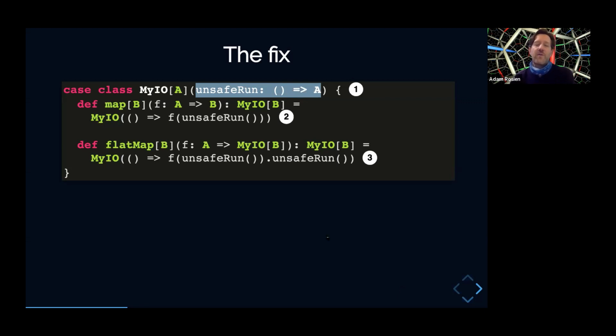So we're not going to perform the print line or whatever now. We're just going to capture it in a zero arg function. And it will eventually produce an A, but just not now. So this is the thing that's actually going to encapsulate our side effect. We're going to wrap it in this nice little bubble.